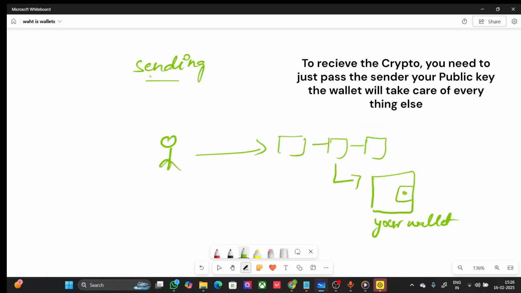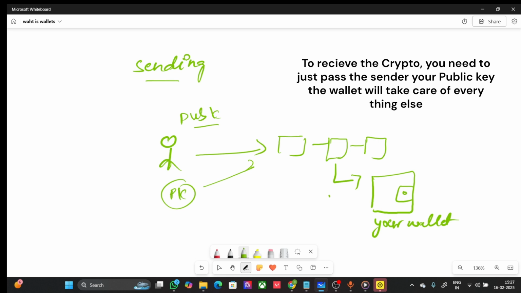For receiving cryptocurrency, there is not much that we have to do. The sender will have our public key, and he will initiate the transaction by signing it with his private key, and he will publish that transaction to the blockchain. And our wallet will automatically take that transaction or UTXO, whatever is being published to the blockchain, and update our balance.